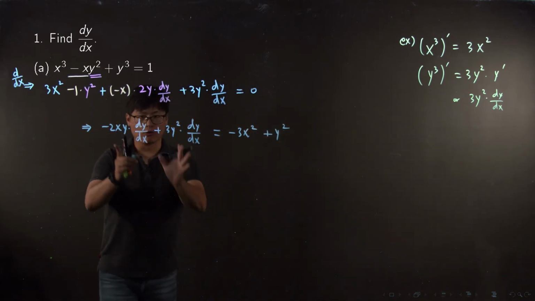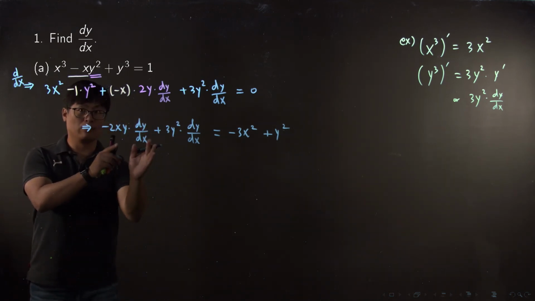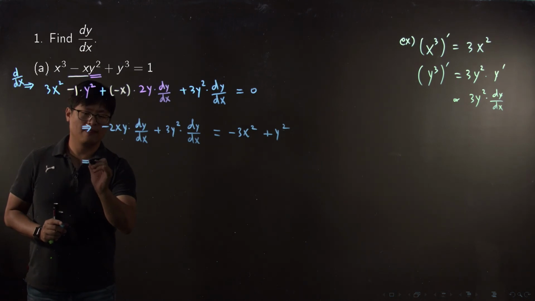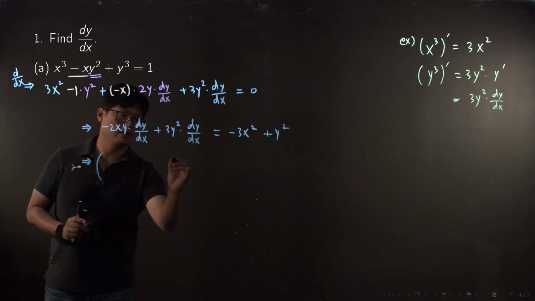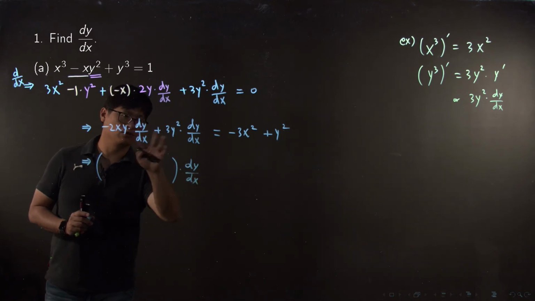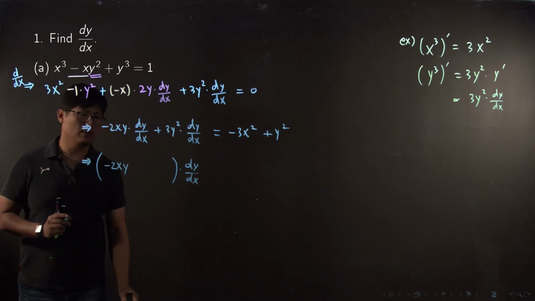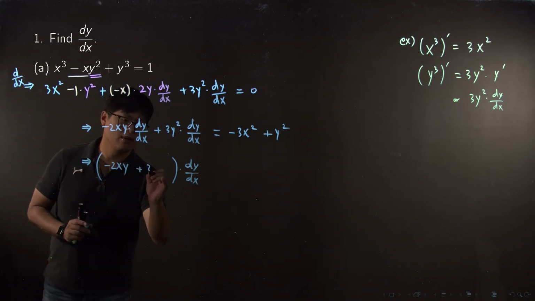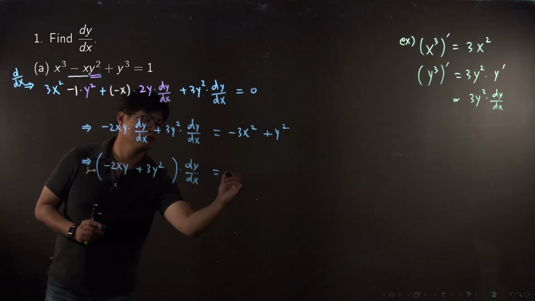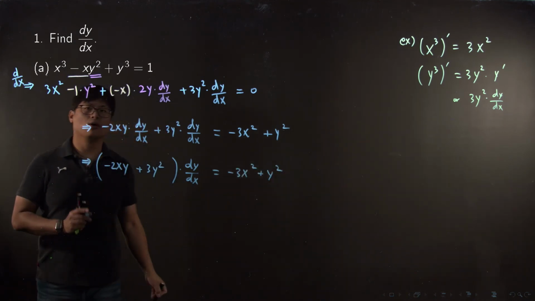Almost there. Look at your left-hand side. We're going to pull out dy dx, which is the common factor. Then, in big parentheses, with dy dx put out from these two terms, the remaining part is minus 2xy plus 3y squared, and that is equal to your current right-hand side.